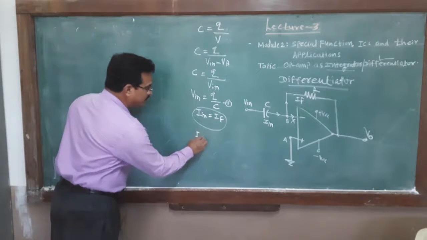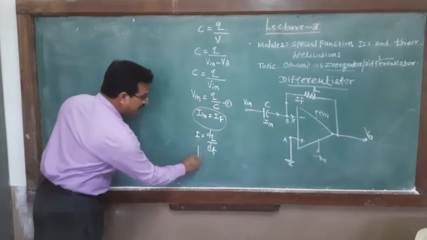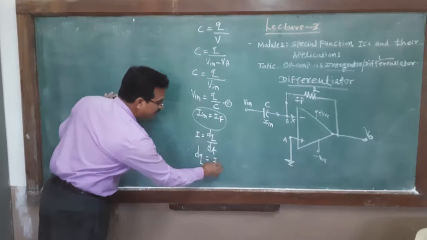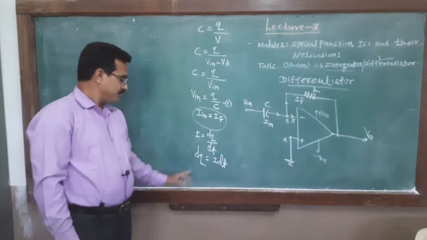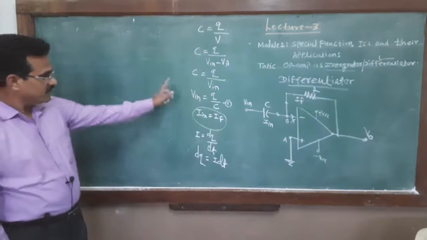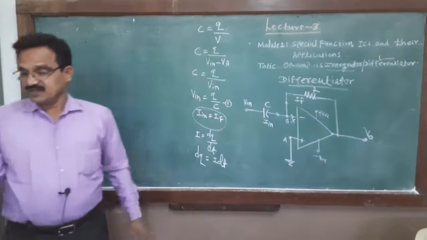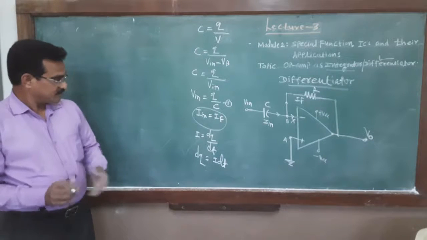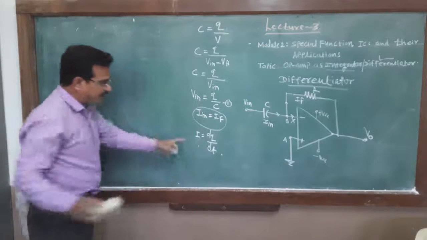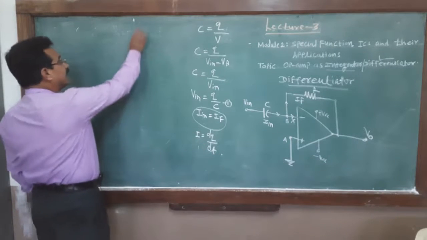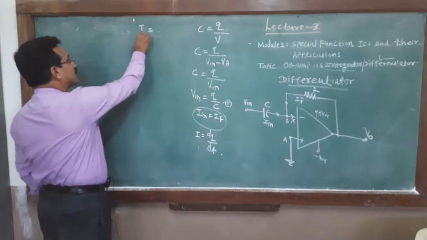And I is equal to dq by dt. Then dq is equal to I into dt. We already considered Vin is equal to q upon C. I is equal to dq by dt, and this I is nothing but the input current.